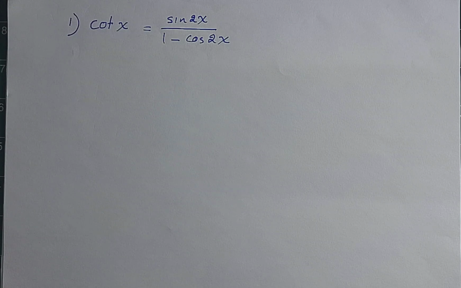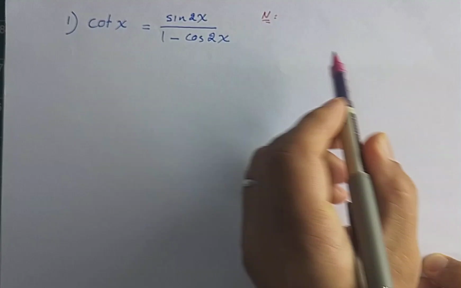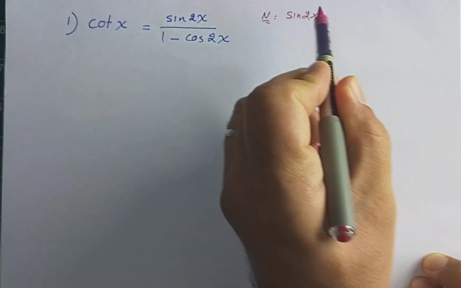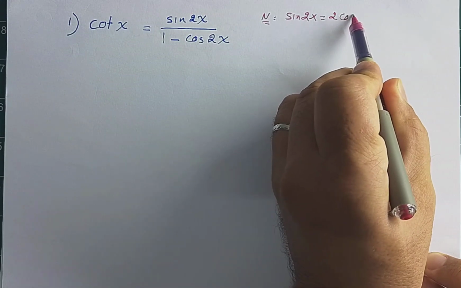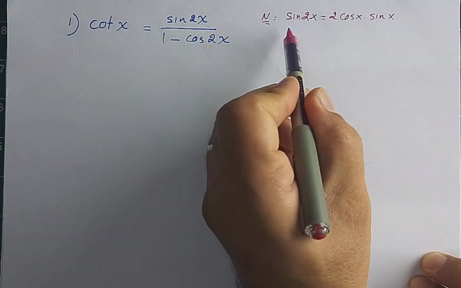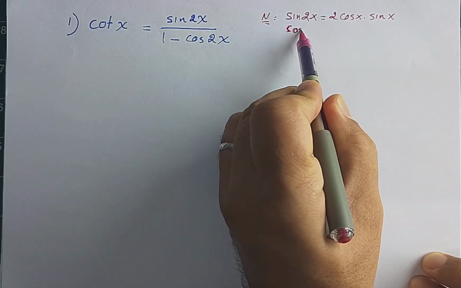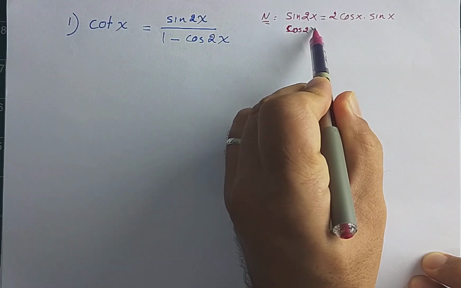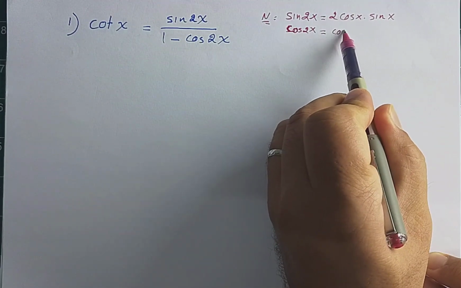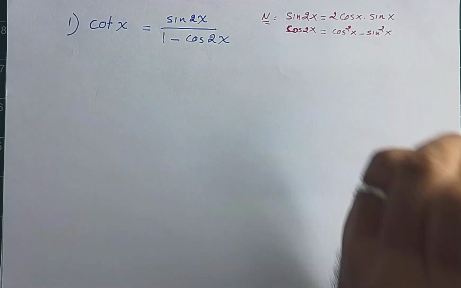Before we start, we have some recommendations. Note that sine 2x equals 2 cosine x times sine x, and cosine 2x equals cosine square x minus sine square x.